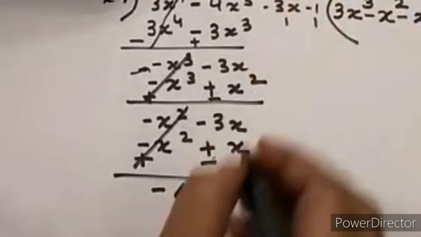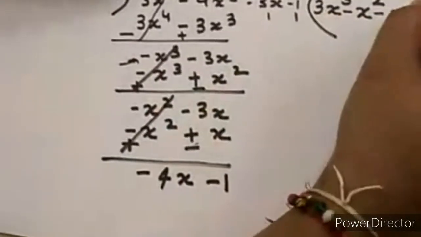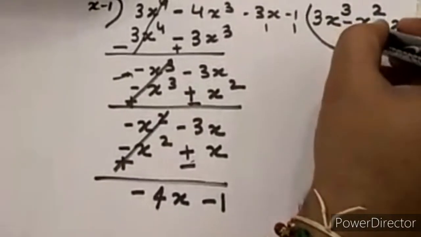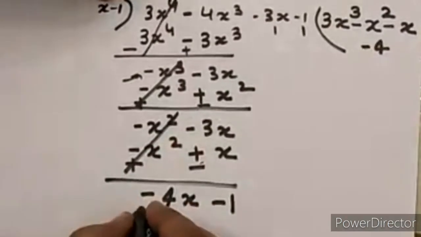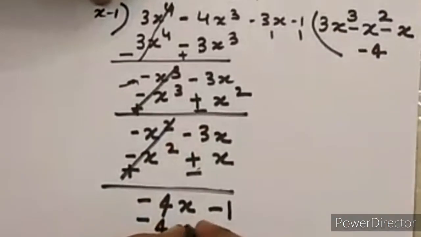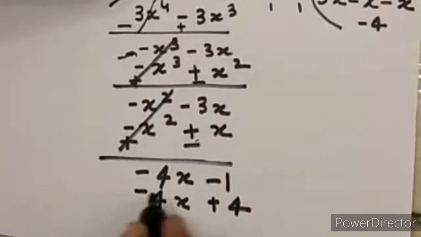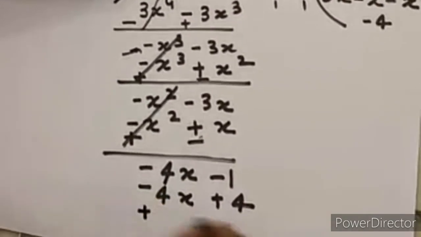Now take this minus 1. Now here the sign is minus. So what will be the number here? Minus 4. So what will you get? It is minus 4x, minus minus plus. So now for subtracting, we will change the sign, plus minus.